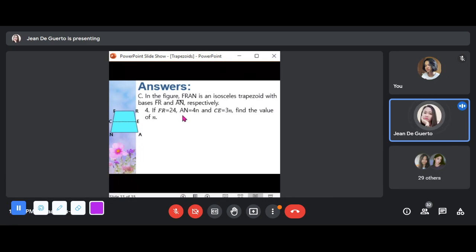Pwede nga gamitin nyo na formula is this. Ito, twice the median is equal to base 1 plus base 2. Para shortcut na. Di na kayo mag-cross multiply kasi na-cross multiply na. So, ano na yung magiging value ng N natin?